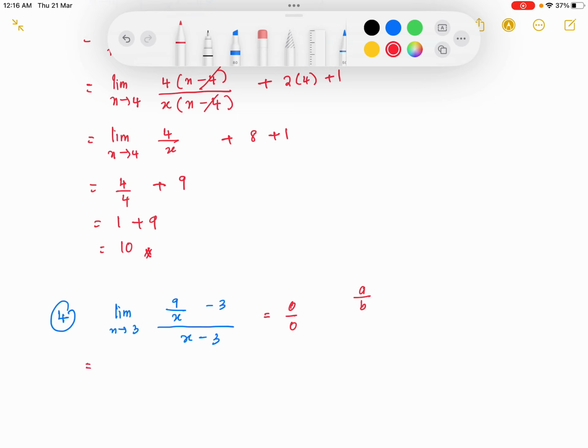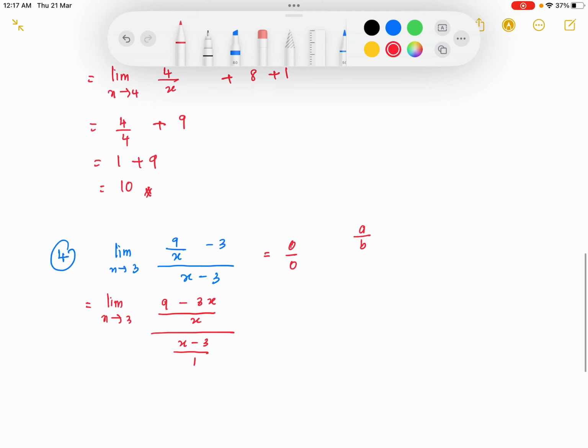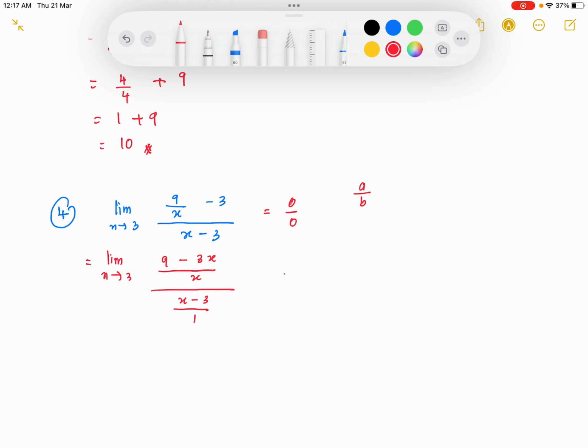What you can do, we can multiply 3 with x. So limit x approaches 3 of (9 minus 3x over x) over (x minus 3 over 1). So our fraction here is actually in the form of a over b divided by c over d.